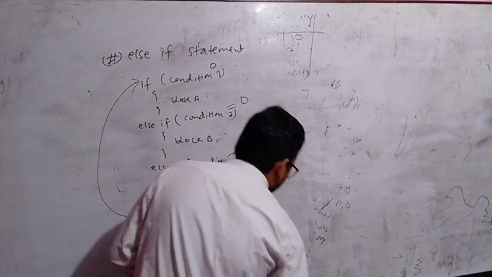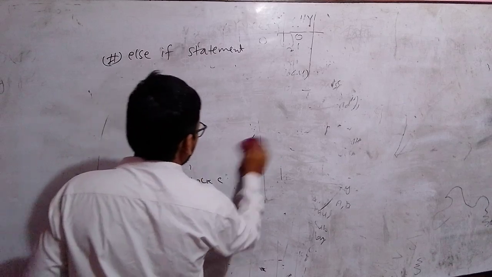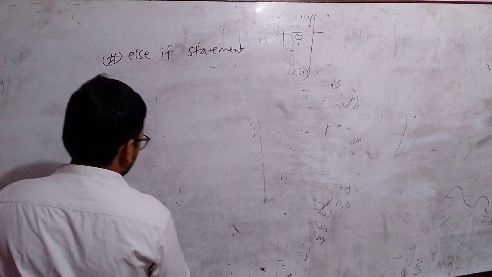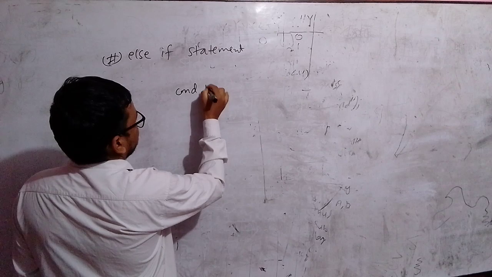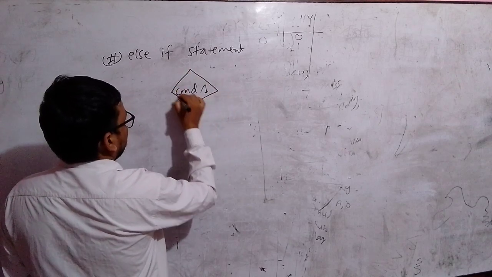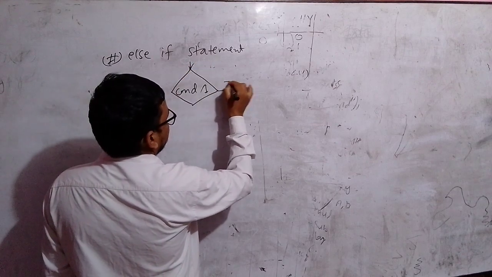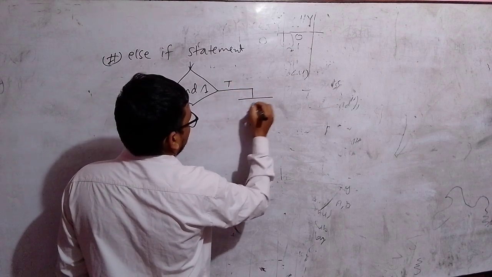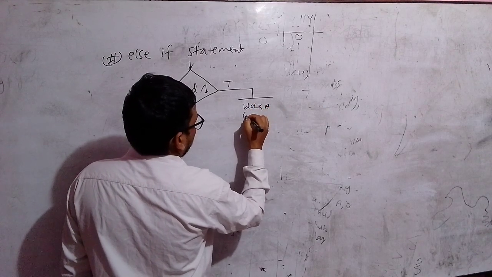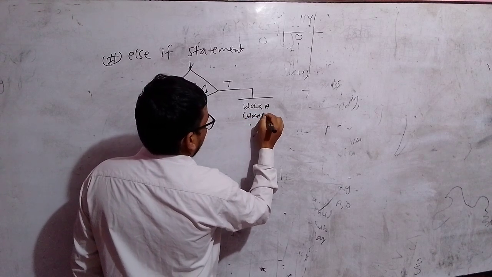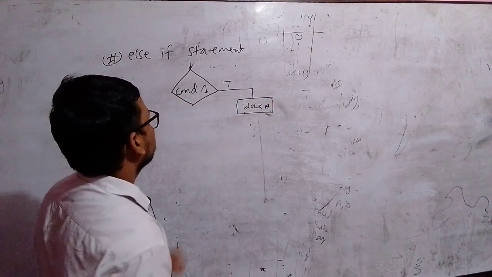Now let's draw the flowchart of this syntax. Condition 1: if it gives true, block A, the block of if, will be executed.